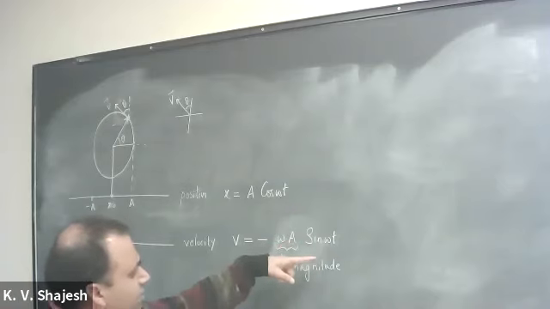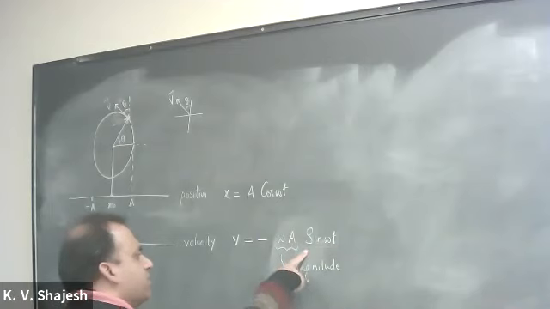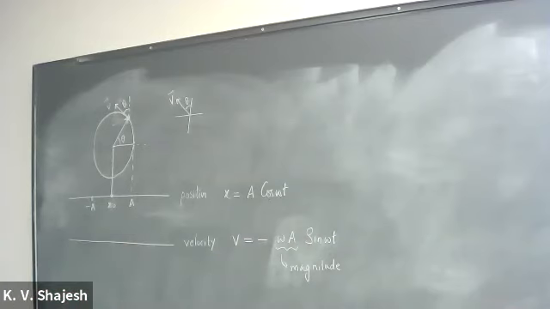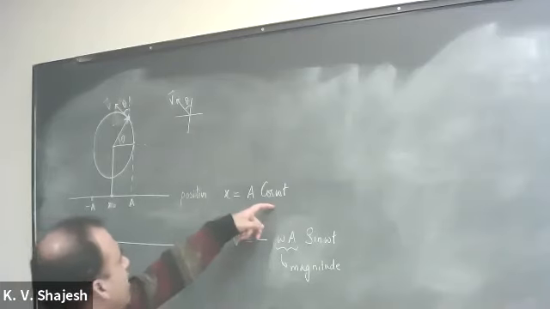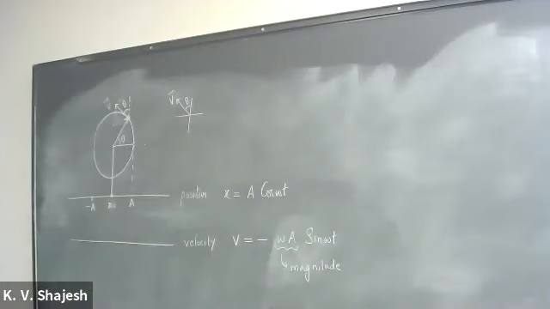And its x component is what is understood as the velocity in simple harmonic motion that has a sine component in it. So that's how sine comes in. Since it's in the second quadrant, there is a negative sign. So that's negative omega a sine omega t. So position, if it is a cosine omega t, velocity is minus omega a sine omega t.